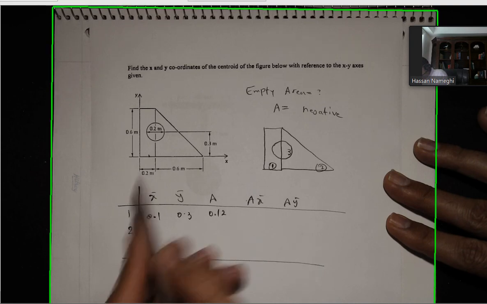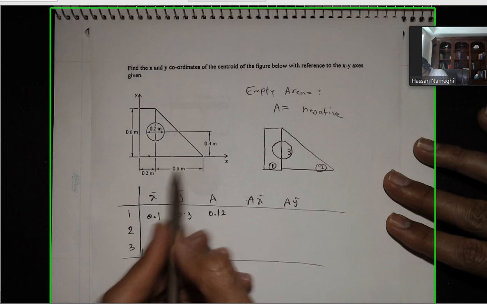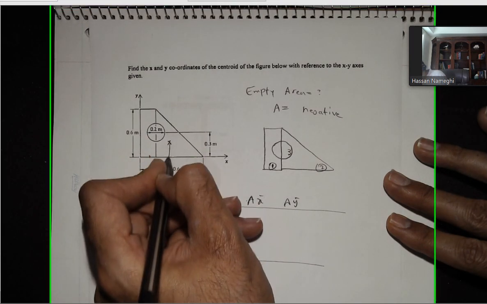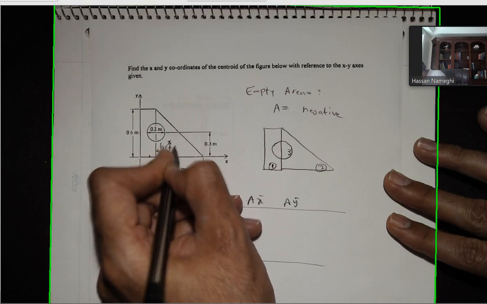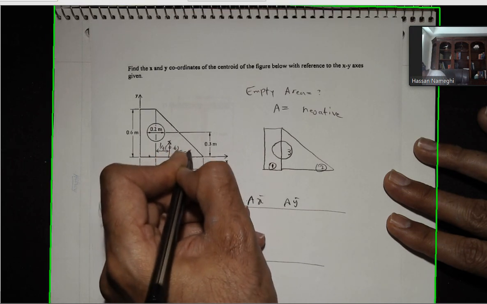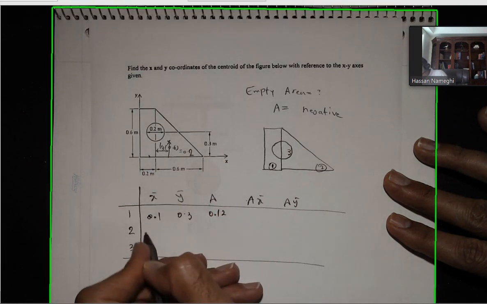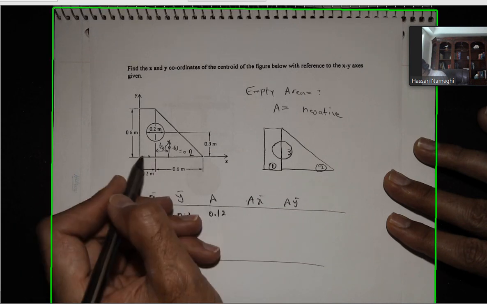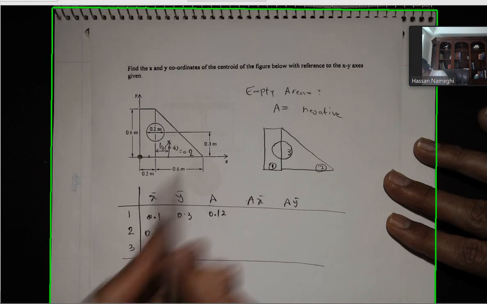Now for the second shape, shape 2, this side is 0.6. The center is located somewhere here, 1/3 of 0.6. So this distance is 1/3 of 0.6, which is 0.2. Now you have 0.2 plus 0.2, so on the x it will be 0.4. You remember that we have to go to the origin to calculate the x and y.